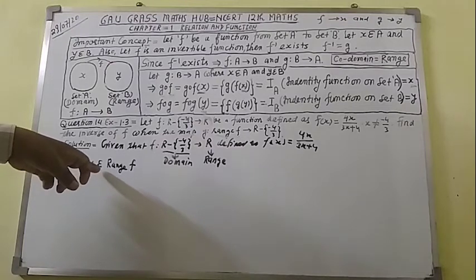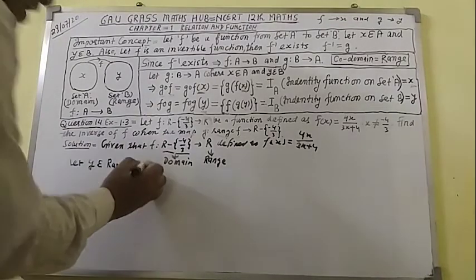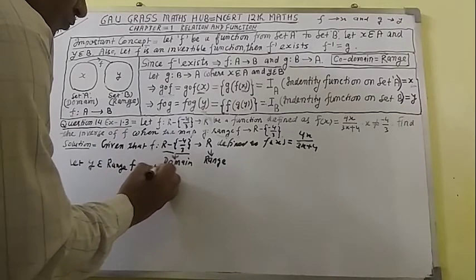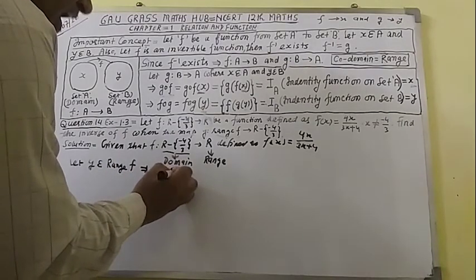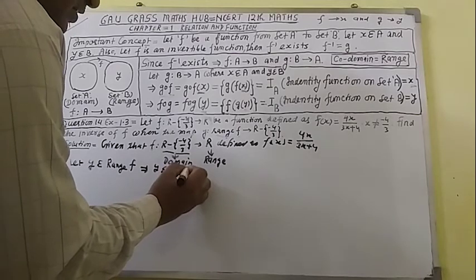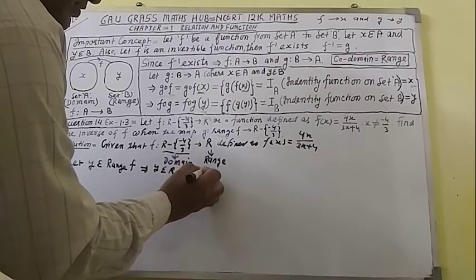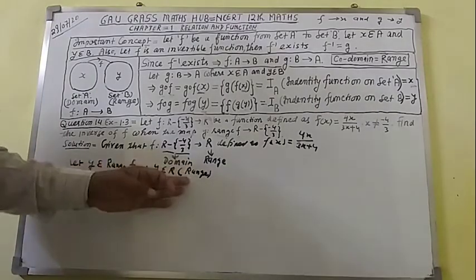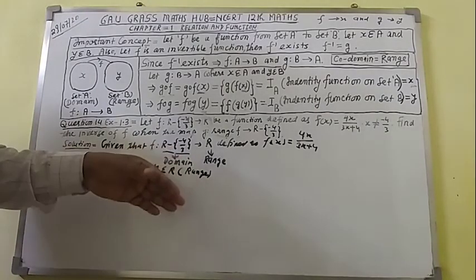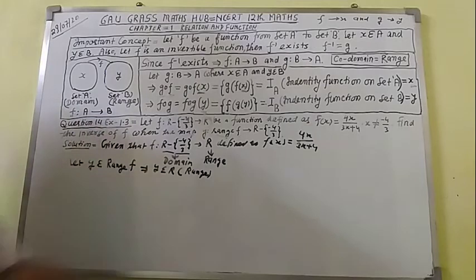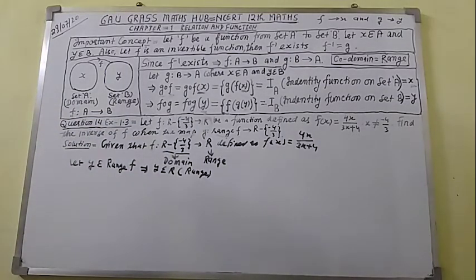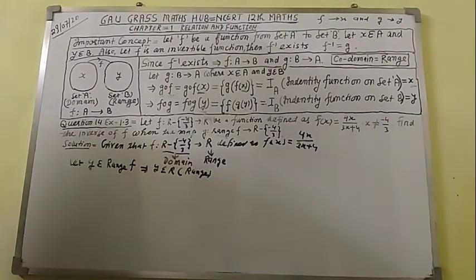According to this concept, I have let small y belong to range f. Here you can write y belongs to capital R, and write range in brackets. Don't write codomain here, because codomain has been converted into range, since f inverse exists. In case of the existence of an inverse, the function will be one-one and onto.